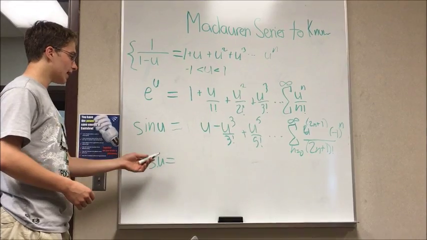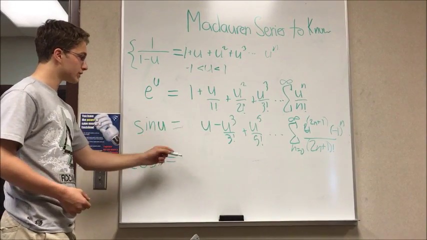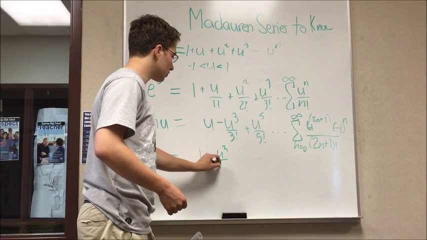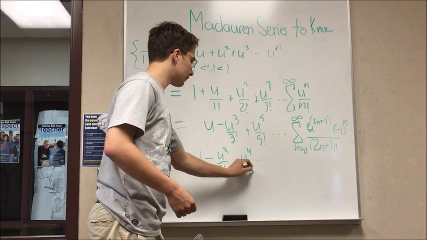Cosine function. To start out that function, it's a little bit like this one, except reversed. So instead of u, we're starting out with 1 minus u squared over 2 factorial, adding u to the 4th over 4 factorial.